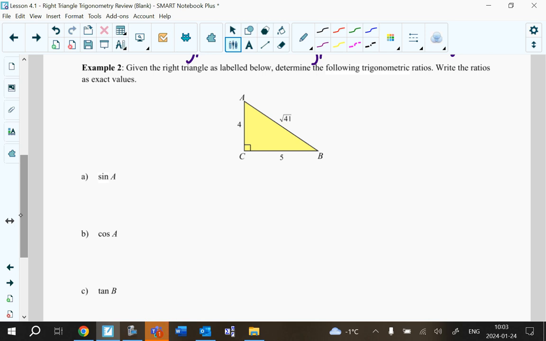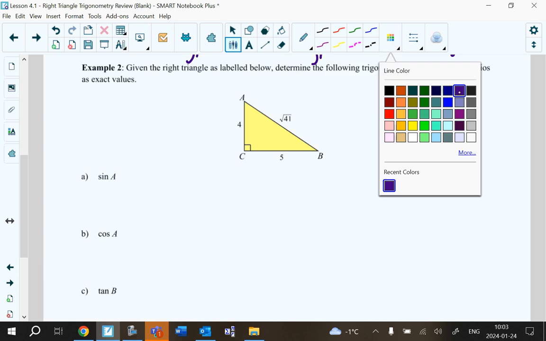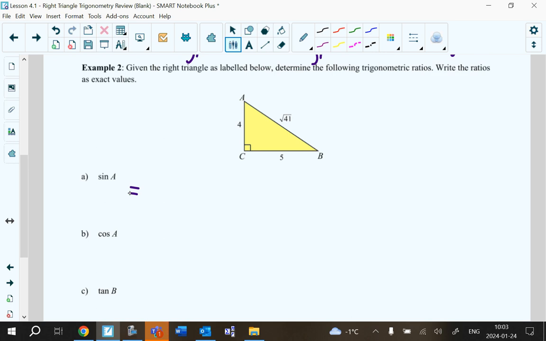You are asked to find the sine of angle A. You're not asked to find A, not yet. We just want to find the sine of angle A, so our answer is going to be a fraction. 5 over the square root of 41, right? Because it's opposite angle A to hypotenuse.